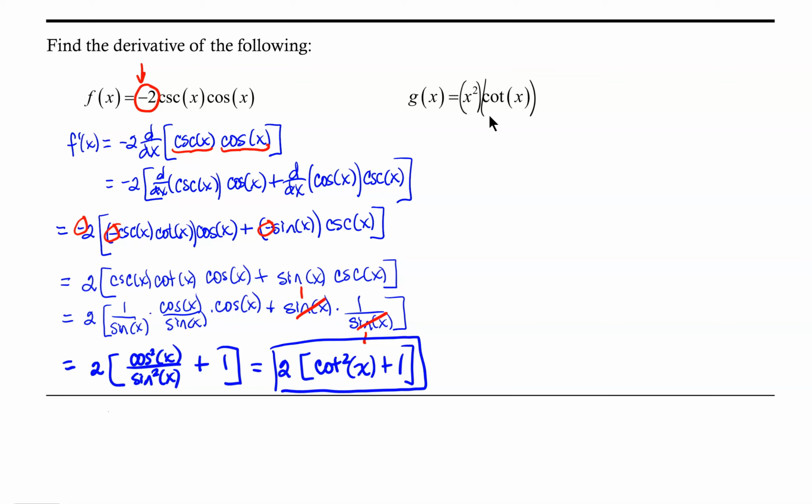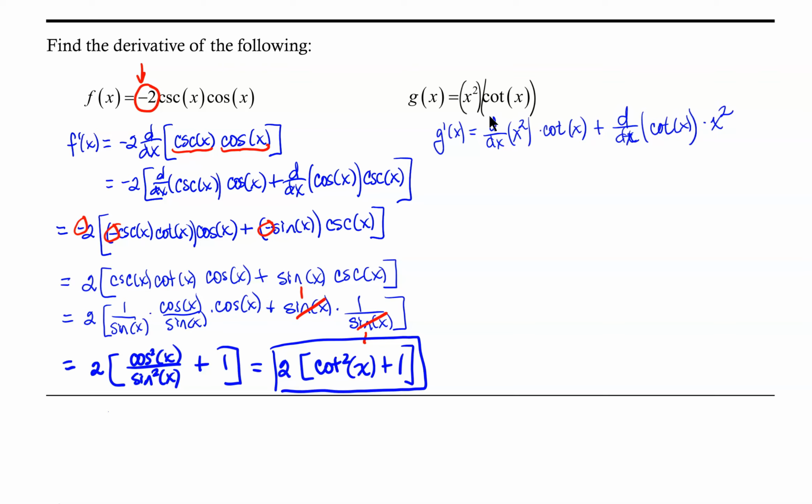So let's see how this works out. g prime of x is going to be the derivative of x squared, using the product rule, derivative of the first function times the second function, cotangent of x, plus the derivative of our second function, in this case cotangent of x, times the first function, which is x squared. So there's our product rule.